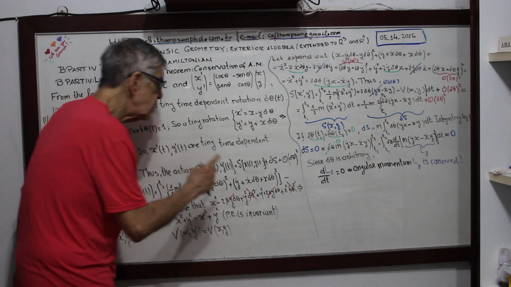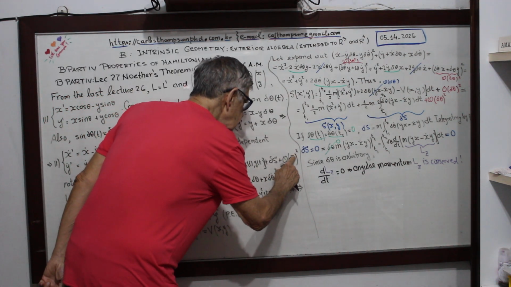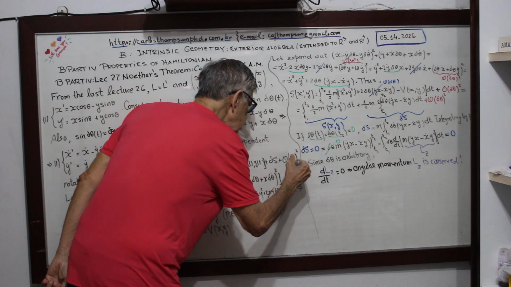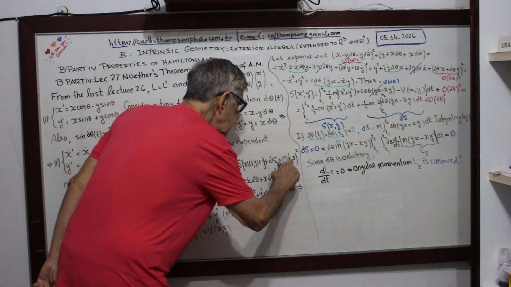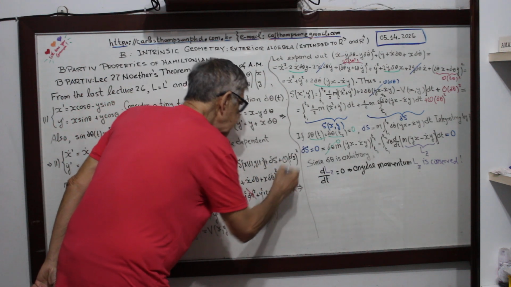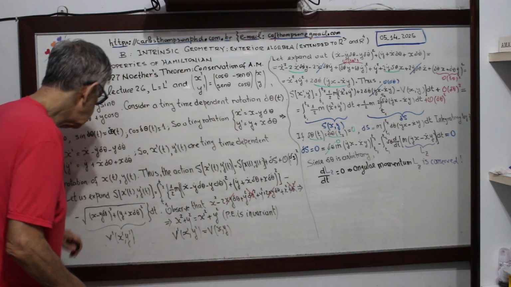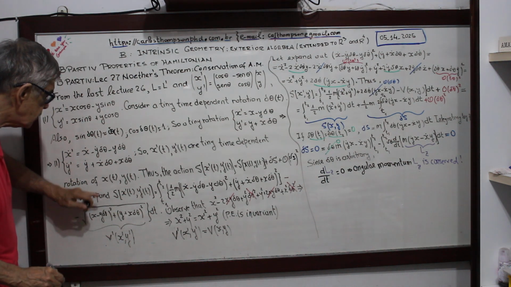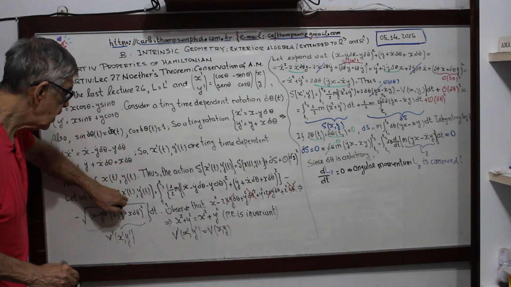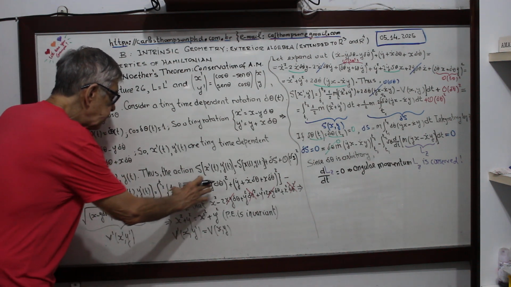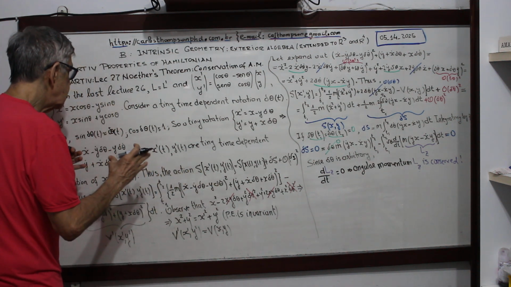It's better to write delta S squared, that's better. So let's expand this action here.